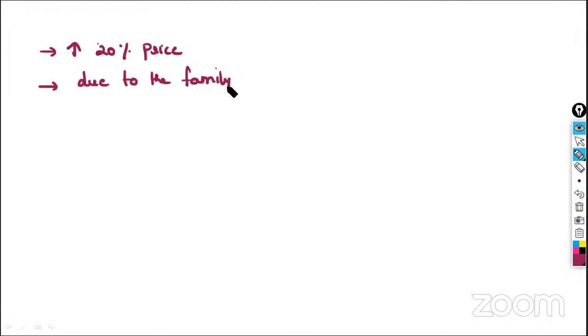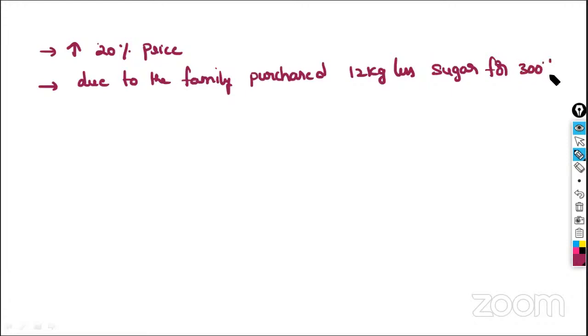The price of sugar is increased by 20%. Due to this, the family purchased 12 kg less sugar for 300 rupees.